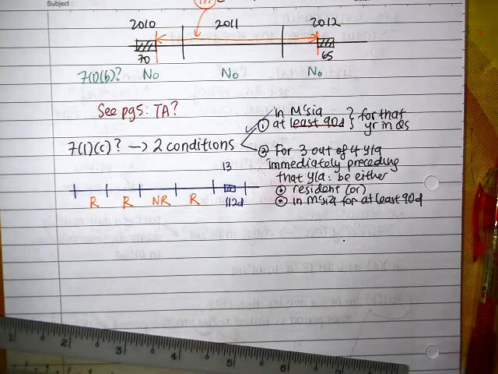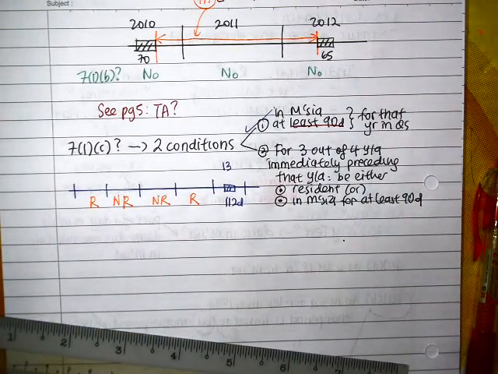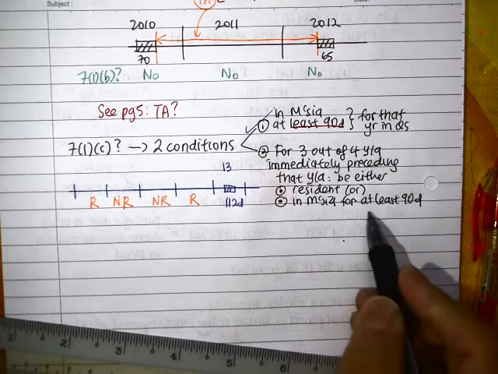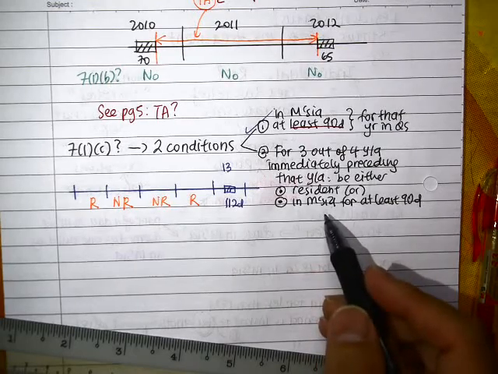Now, but of course, you may not just look at the resident status because you may not have all the 3-year resident. Now, let's say, for example, I'm having 2-year resident, 2-year non-resident. Now, if 2-year resident and 2-year non-resident, then will you be resident now? Then you must check. Do you have 90 days or not? So that's why if you don't have all the 3 become R, you can check the days.